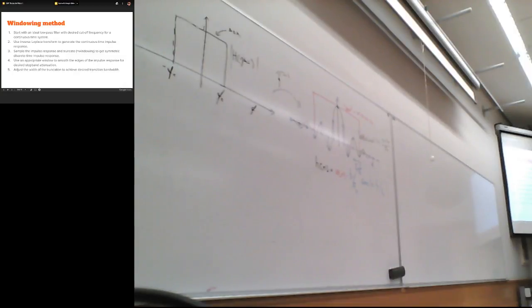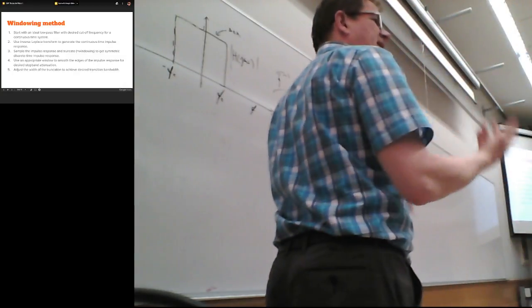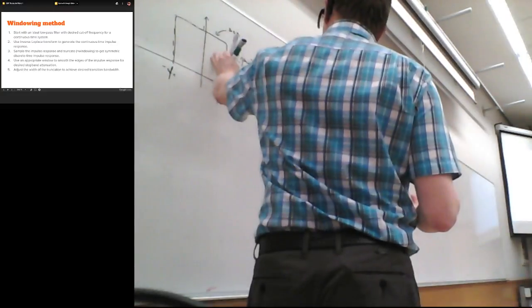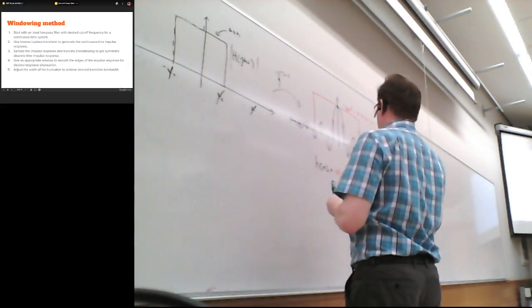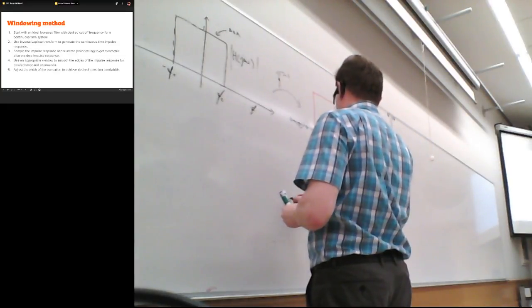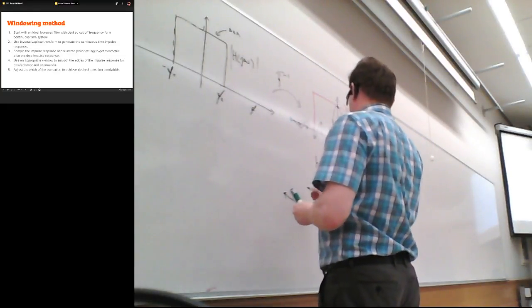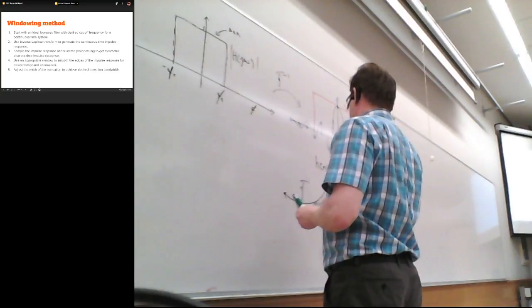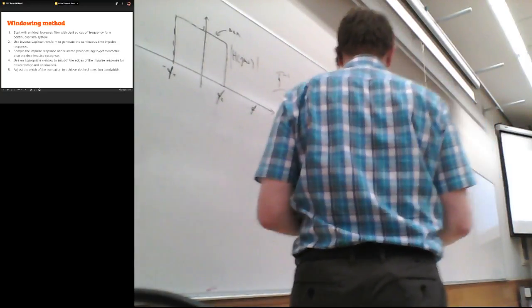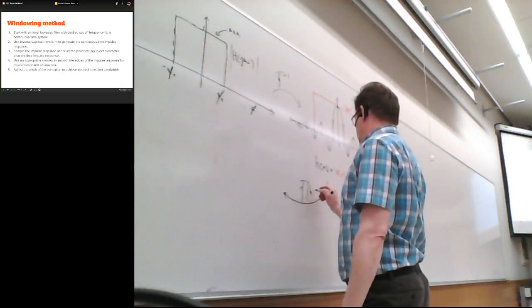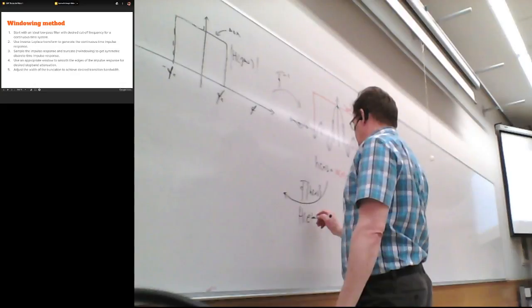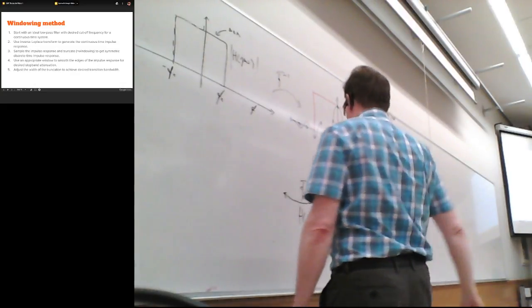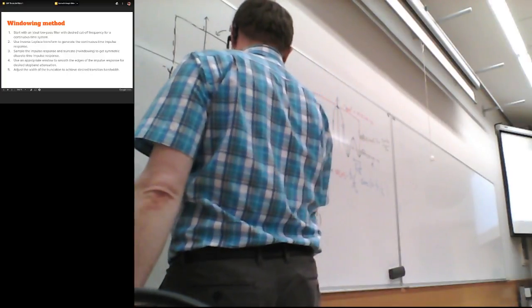Okay, so the next step is to test how close we actually got to the original design. So what we do for this impulse response, we'll do the Fourier transformation or calculate the amplitude response, to see how close we got.